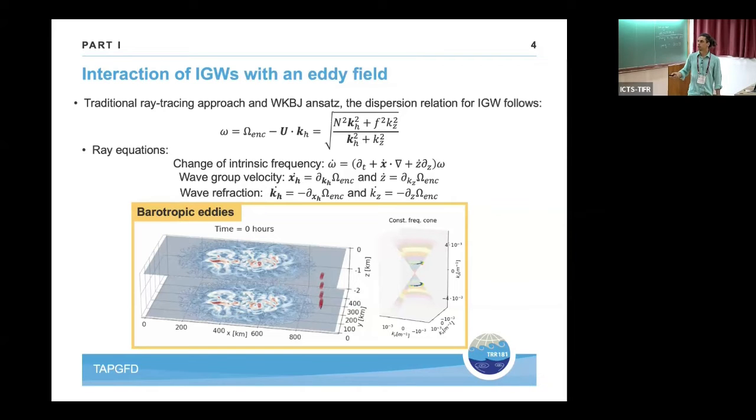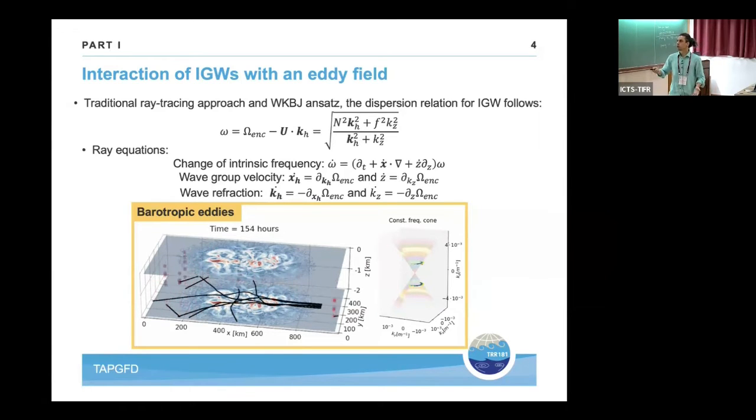I initialize 25 rays over here, all of them with the same initial wave number, and I shoot them into the eddy field. So, they are propagating up and down, reflecting at the ocean surface and the bottom, and being refracted and spread in the domain.